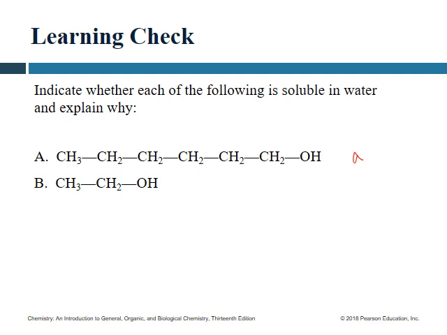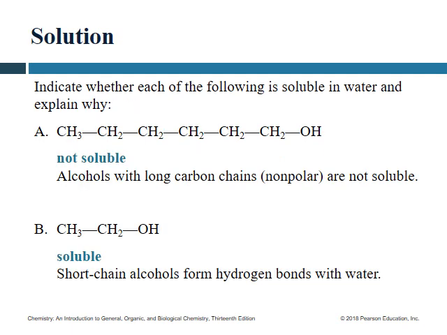So this is no. How about the second one? This only has 2 carbons attached to the polar OH group. So yes, this is going to be soluble in water. So explanation: alcohols with long carbon chains are non-polar. Short chain alcohols can form hydrogen bonds with water, therefore they are soluble in water.